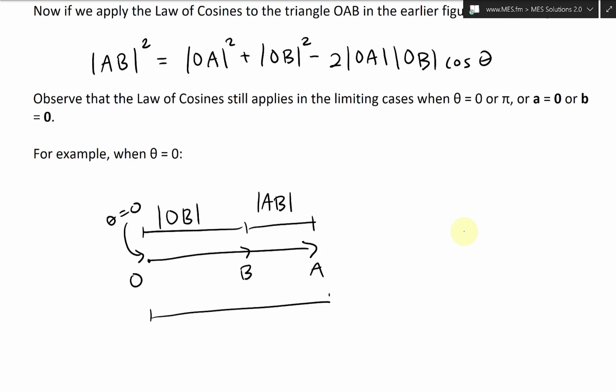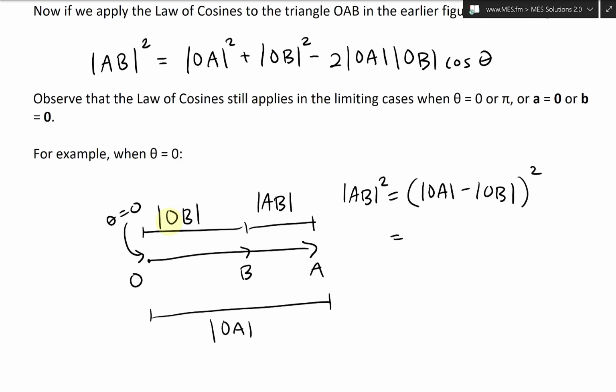And now the full length is just OA. So in other words, if we want to find out AB squared, this equals, well, we could have put a bracket. This is going to be OA minus OB. So absolute value of OA minus absolute value of OB. Like that. Then this is all squared.